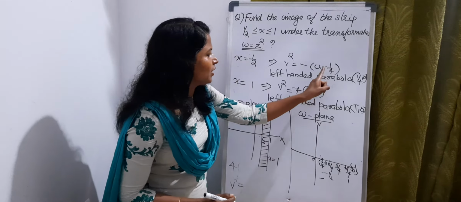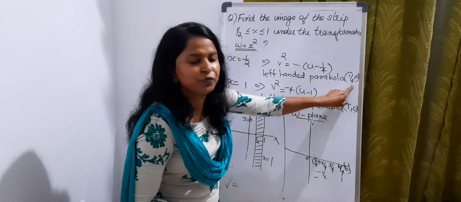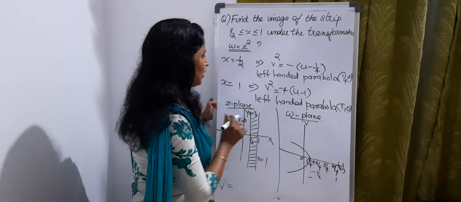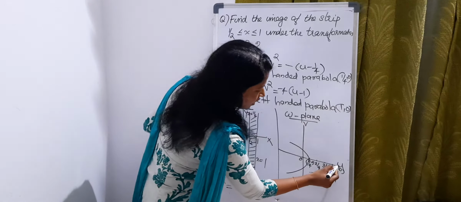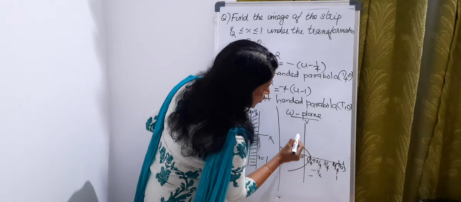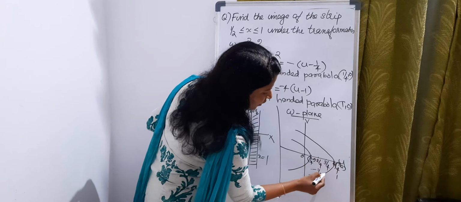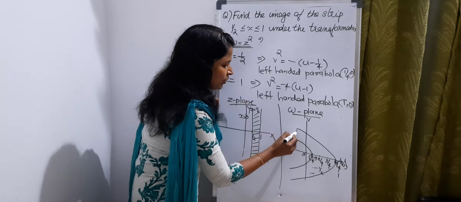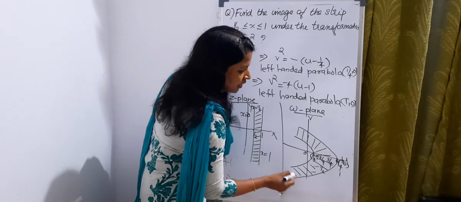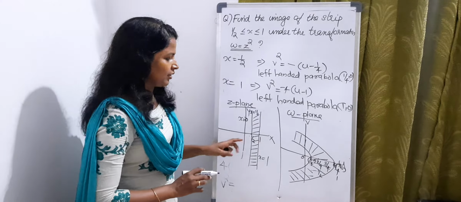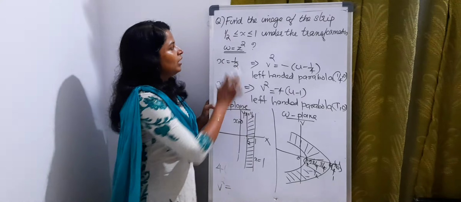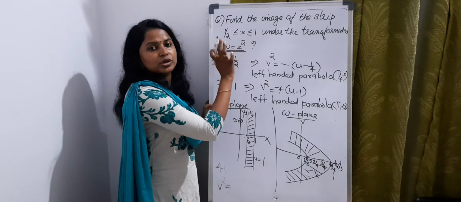So we draw the first left-handed parabola with vertex (1/4, 0), and another left-handed parabola with vertex (1, 0). The region bounded between these two parabolas is the image of 1/2 ≤ x ≤ 1.